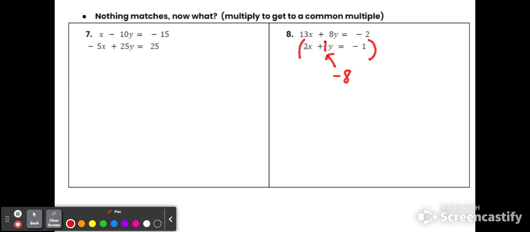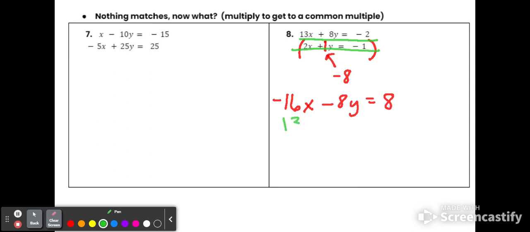All right, here we go. 2x times negative 8, negative 16x. 1y times negative 8, negative 8y. Negative 1 times negative 8, 8. So that equation is ready to go. So let's use this one the way it is.